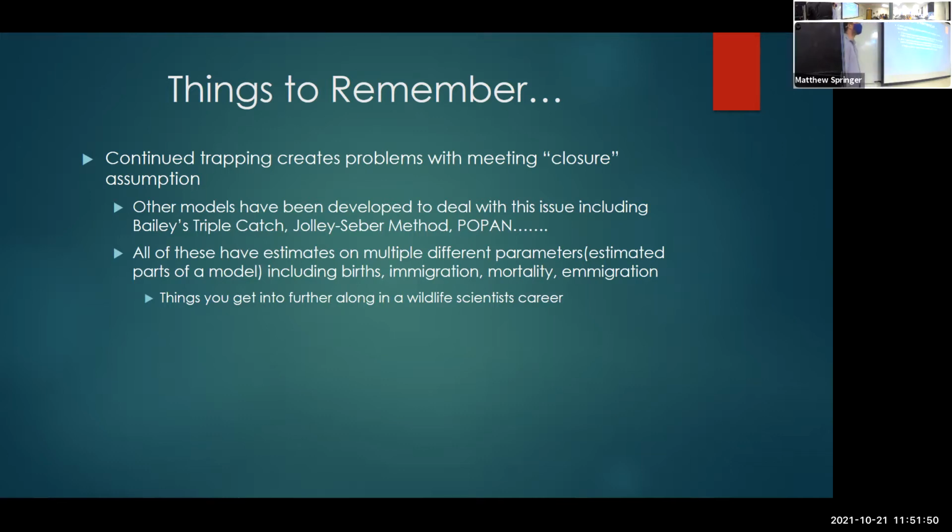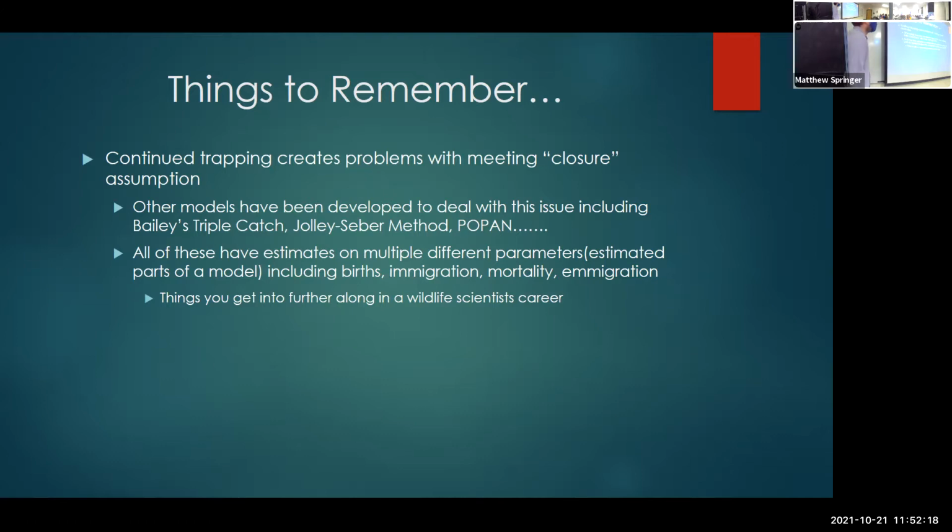By adding more capture events, you tend to be able to mark more animals, but you have a hard time meeting your closure assumption. So what do you think is going to work better? All of these are basically not applied or used anymore in current management strategies. They are the baseline for the models we use now, and everything has grown from them.